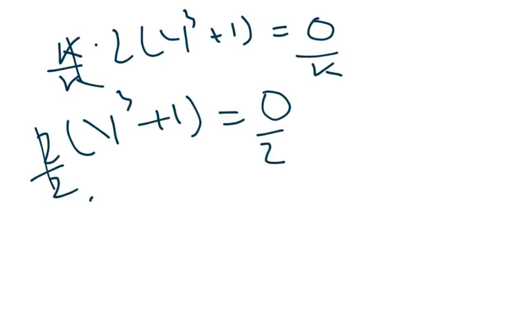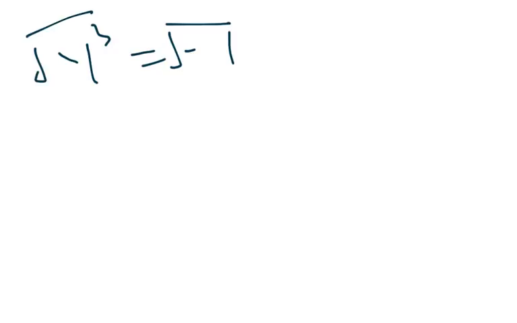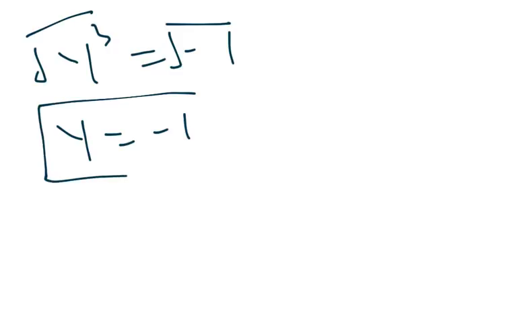You're left with y cubed plus 1 equals 0. Now you subtract 1, so you're left with y cubed equals negative 1. Now you cube root negative 1 to get y by itself. So y equals negative 1. So that's the y value that we find.